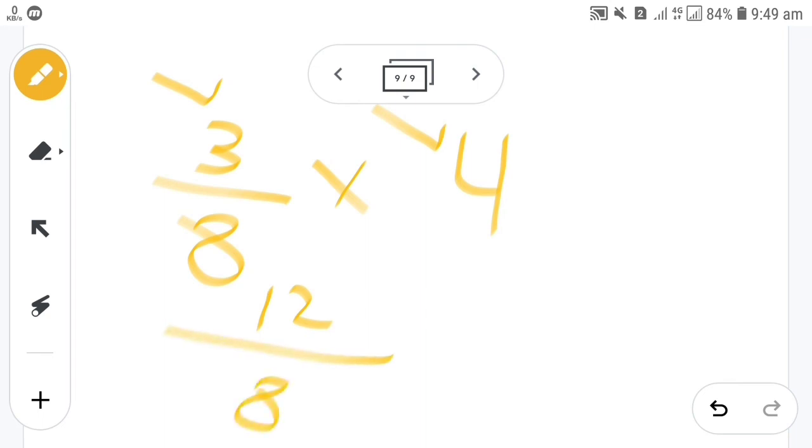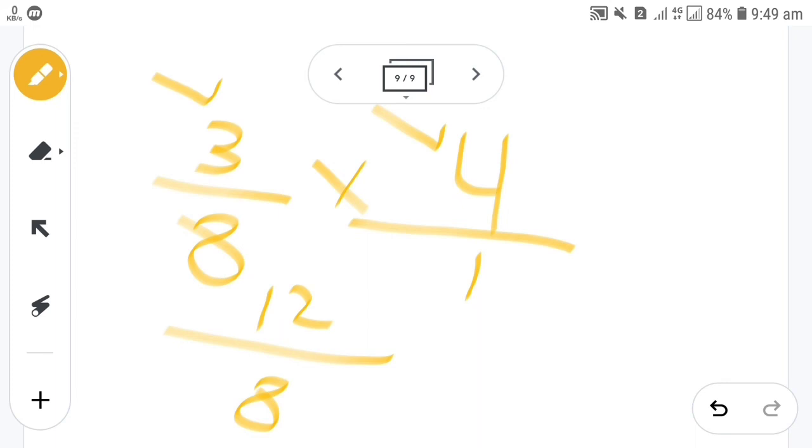And other method is to change this number into fraction. We can change every number into fraction by giving 1 in its denominator. Now we have to multiply numerator of each fraction and we have to multiply denominator of each fraction. These both ways are same.